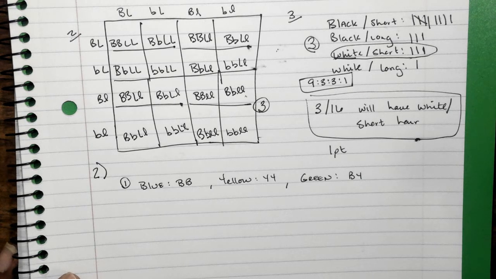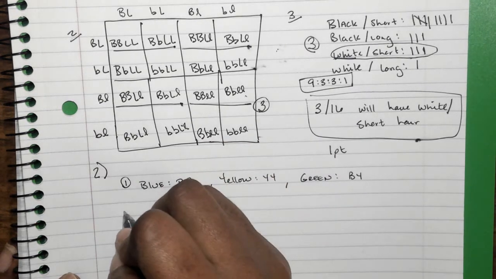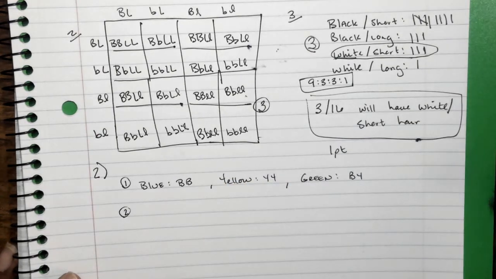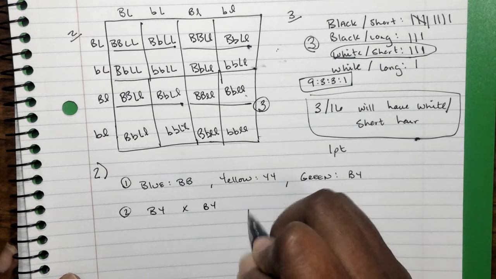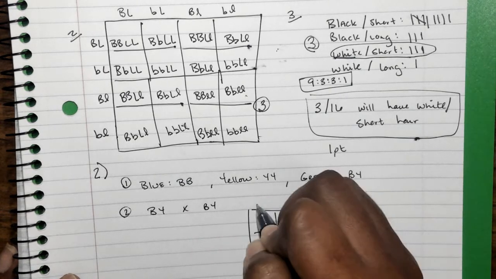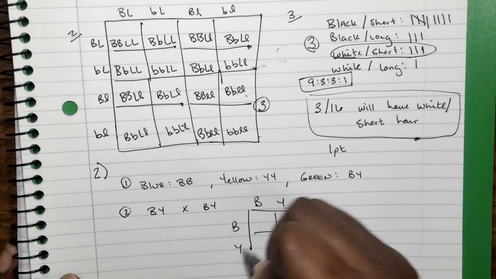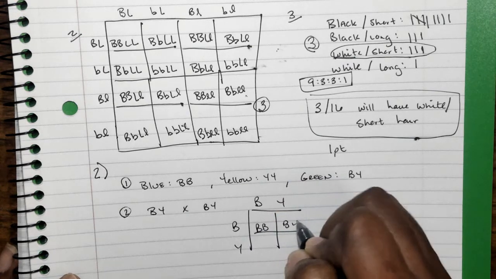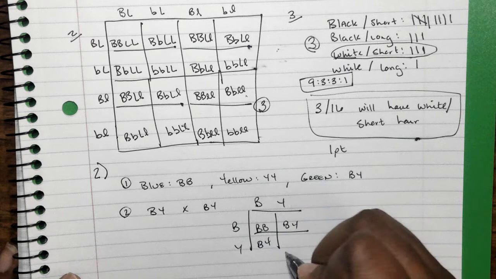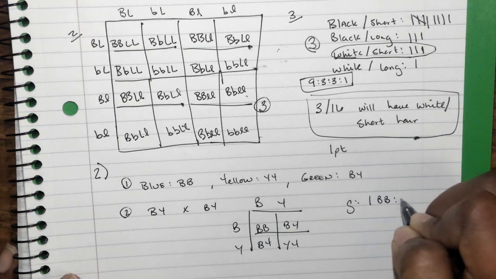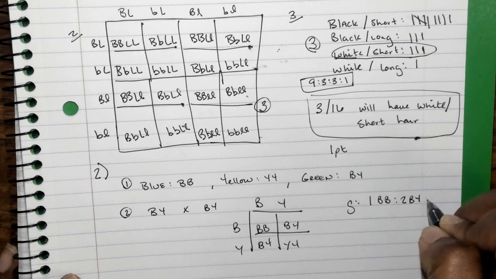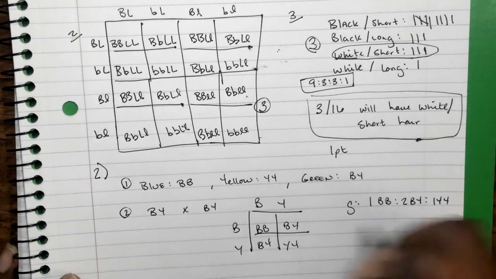Okay, what are the chances of getting yellow offspring if you cross 2 green snapdragons? You have to do the cross. I always show my work. So here's the second one. I'm going to cross a BY with a BY, and then I'm going to do the Punnett square. The genotype ratio is 1 big B, 2 BYs, and then 1 YY.